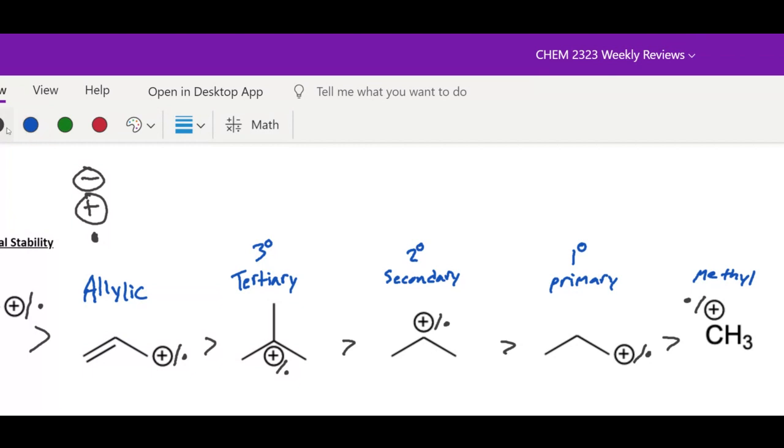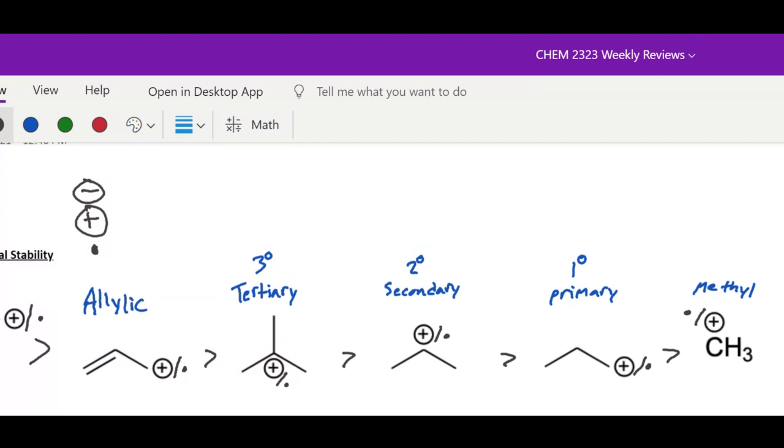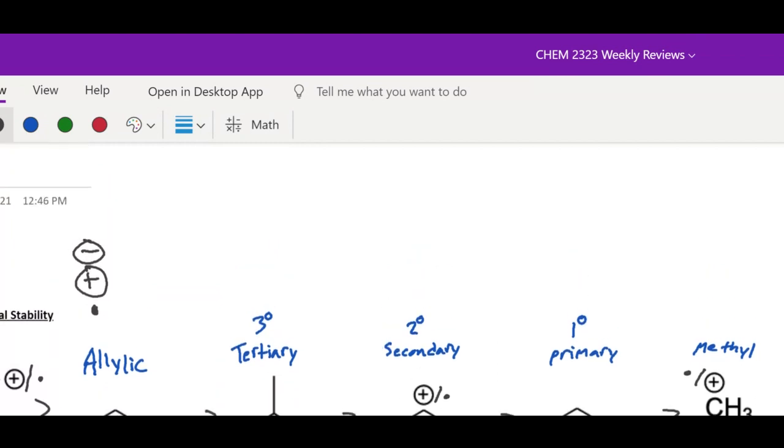Okay? Now let me explain how we are getting 3, 2, 1. Okay? And I'll draw right here. So let's say we have this structure, okay?